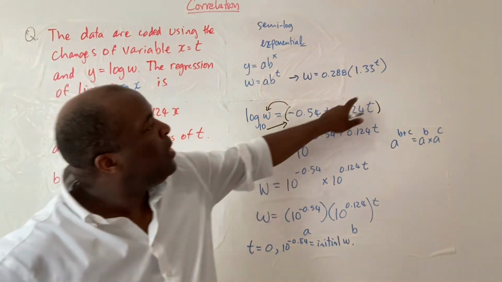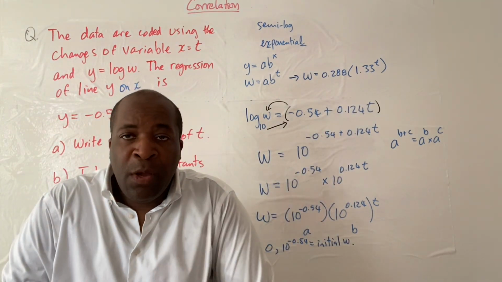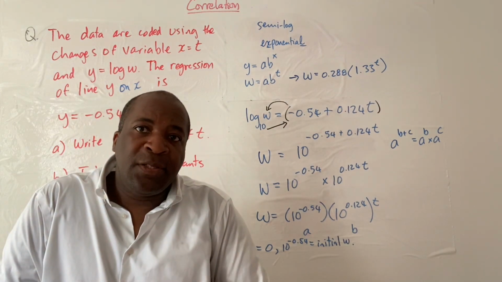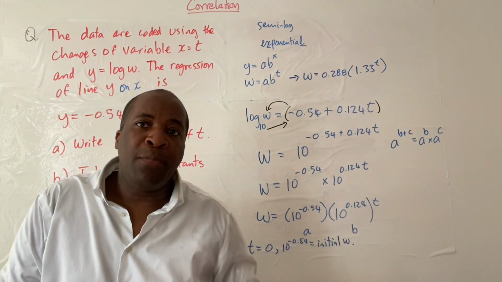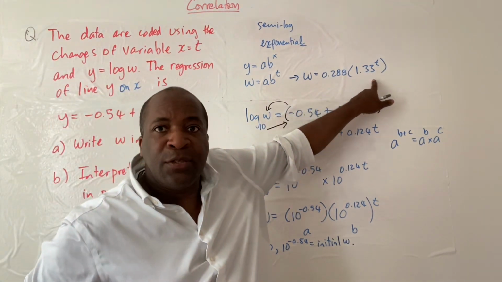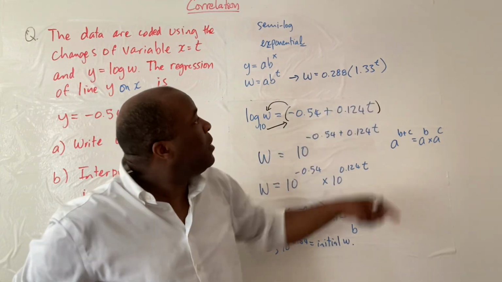And then how would we interpret the 1.33? Now cast your mind back to depreciation or compound growth in GCSE, and remember that 1 plus r formula. What we have here is compound growth, where the rate of growth is 0.33.